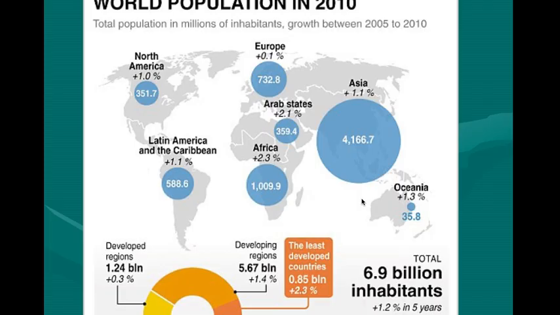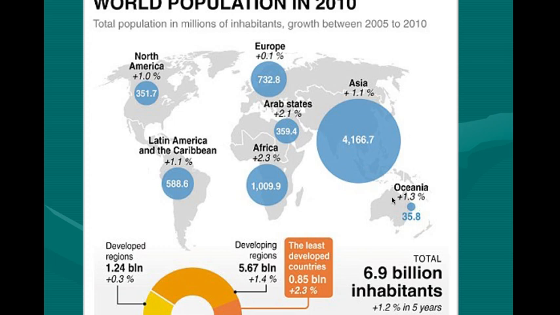Here's another kind of graphing ability for you to see the total population in millions, and the growth between 2005 and 2010. The size of the bubble is the number of people. So you can automatically see here, Asia has one of the highest populations. And then the plus 1.1% is the growth rate that they are moving at.